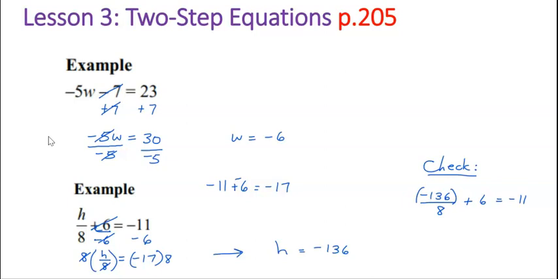I'm going to use brackets here, just good habits. So negative 136 divided by 8, just to check it, that's negative 17 plus 6 is equal to negative 11. Negative 17 plus 6 is negative 11. So this checks out. I know I have the correct solution for h.